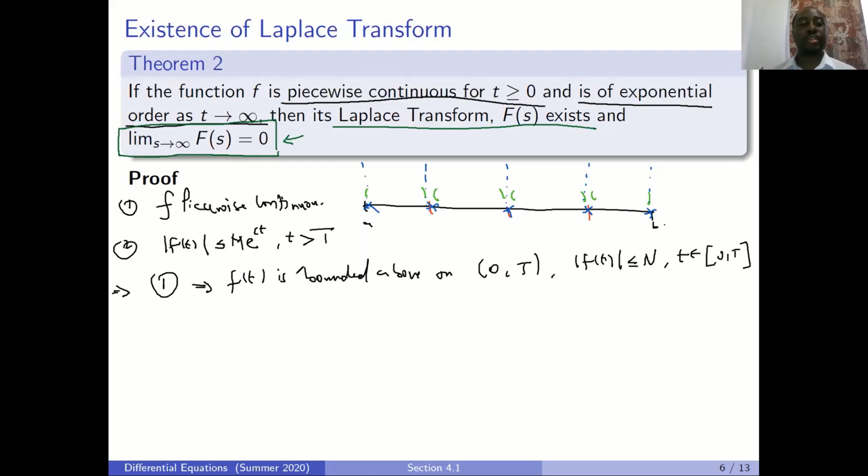So if it's piecewise continuous, we are guaranteed that this can happen, that we can find this bound above.